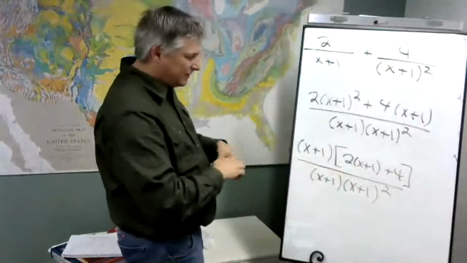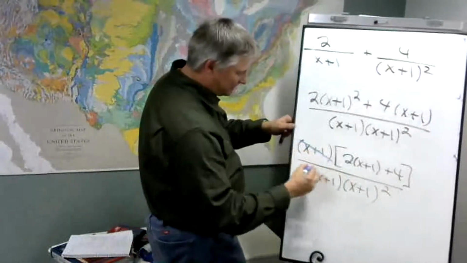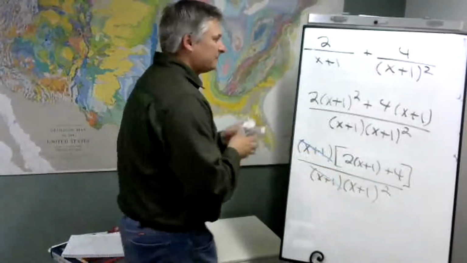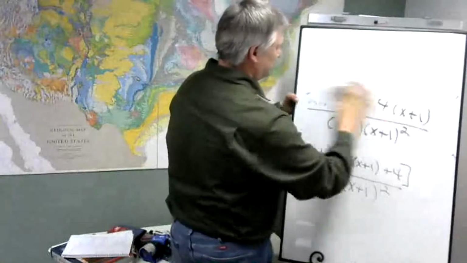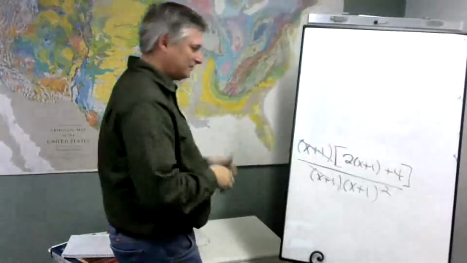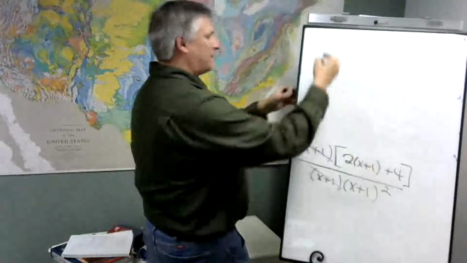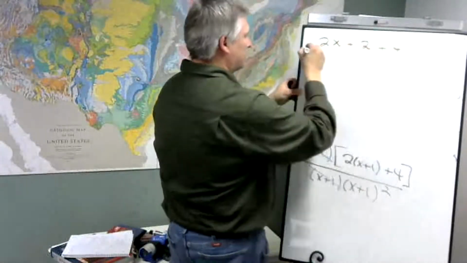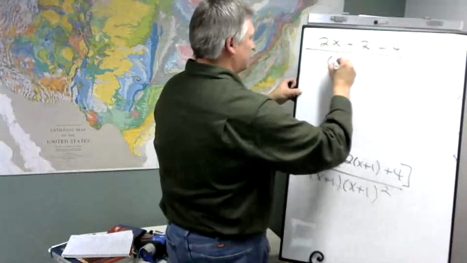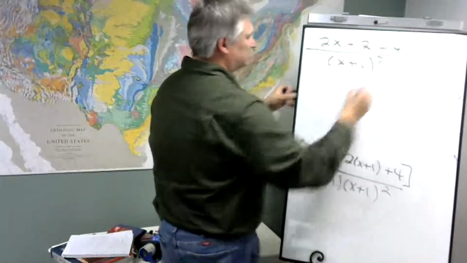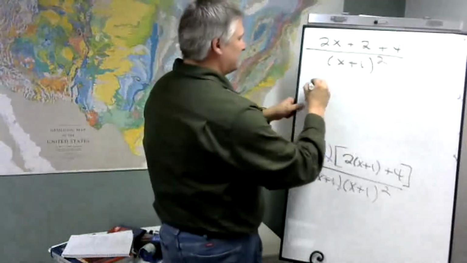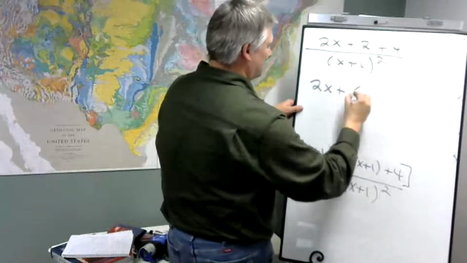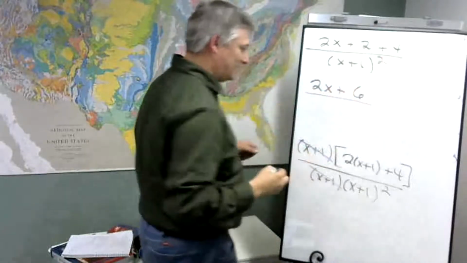And we can see some cancellation here. Cancel an x plus 1. We distribute this through. Combine like terms. And we're going to get this.